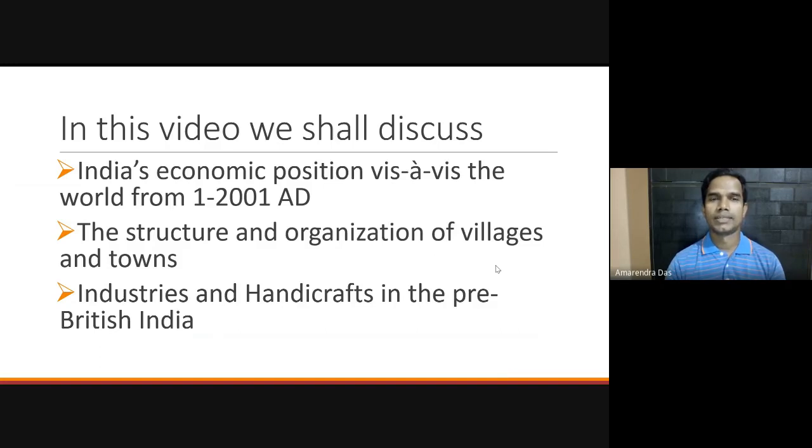Some people say that India was Sone ki Chidiya, and there was a glorified past, and many people also say that India's past, particularly during the Maurya dynasty, was the golden time period for India. So we should know the fact, and then why people invaded India. That will give us some idea if you compare India's economic position from 1 AD to 2001 AD.